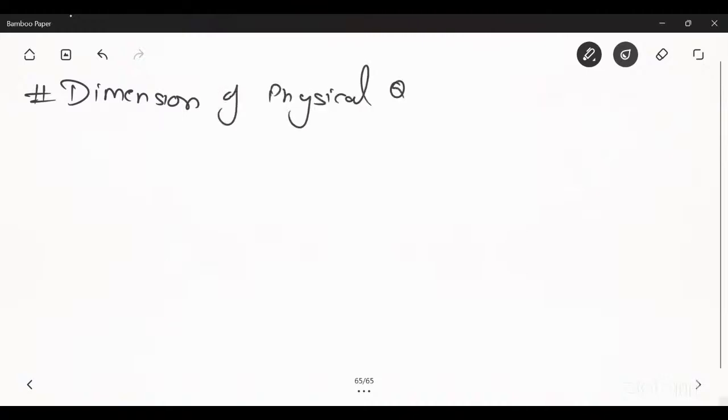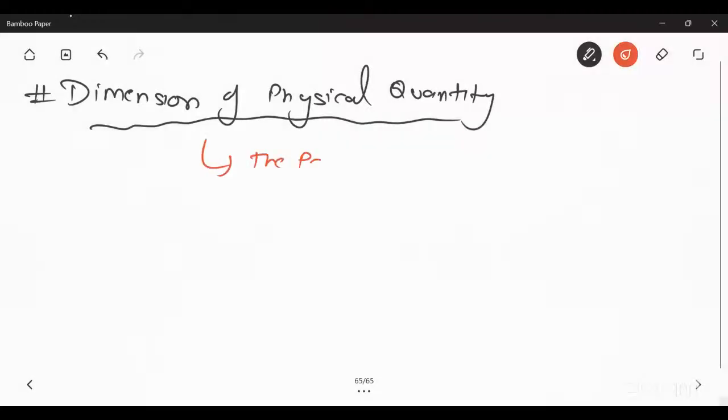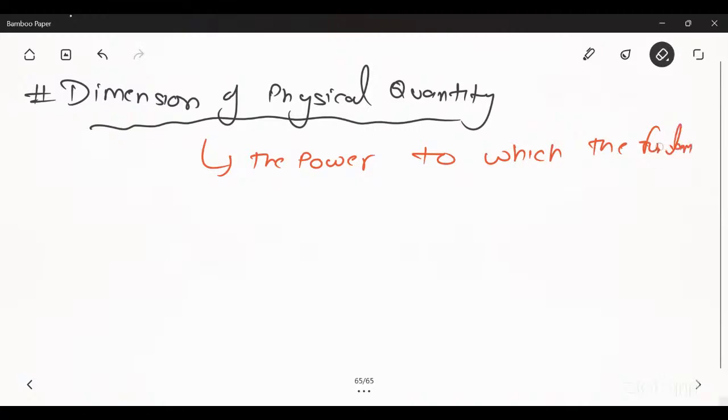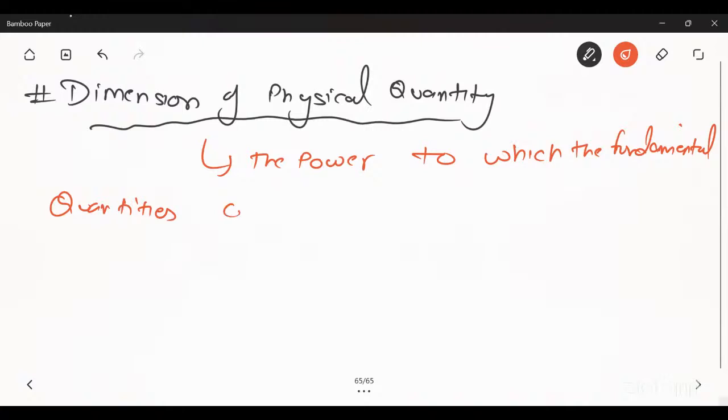Simply, the dimension of a physical quantity is defined as the power to which the fundamental quantities can be expressed.